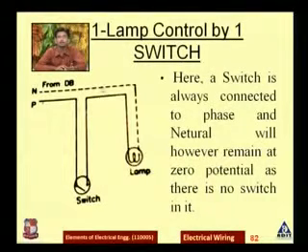But if we do the same connection with the neutral, the phase will still be live, the supply will flow, and the person may get hurt. So you have to remember that a switch is always connected to the phase, and the neutral remains at zero potential as there is no switch in it. You should never connect the switch with the neutral, right.